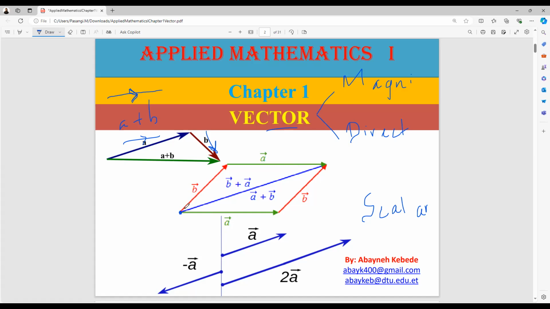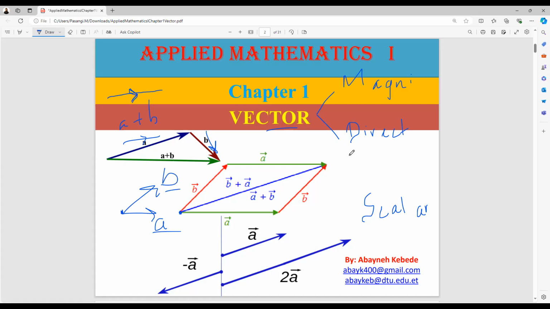For example, if we have the starting point like this, then vector A should go like this and vector B should go like this.